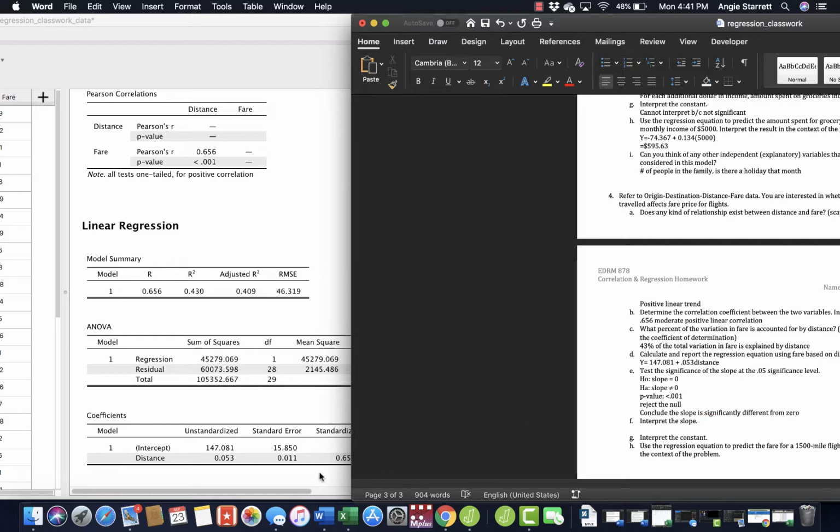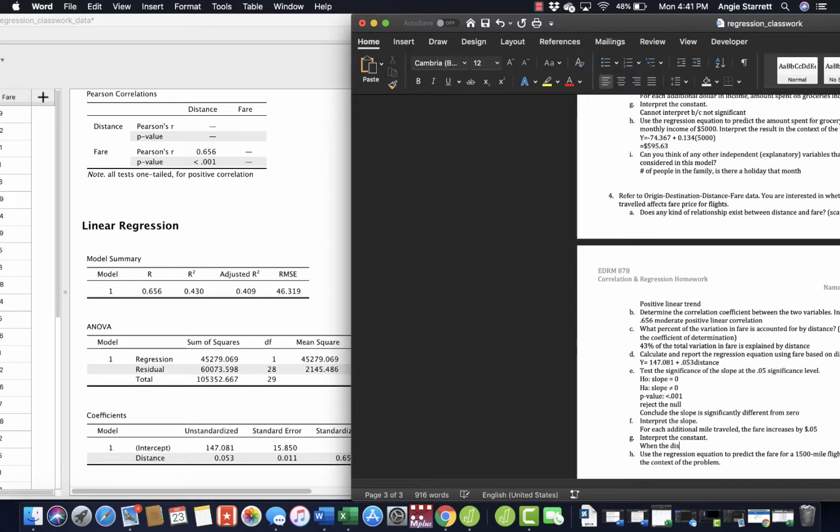All right, interpret the slope. So as distance goes up, this is what the fare increases by. So for each additional mile traveled, the fare increases by basically a nickel. You pay a nickel per mile. What about the constant?